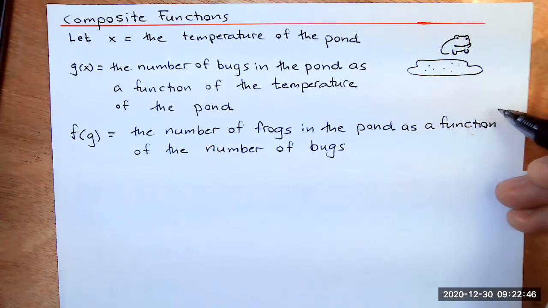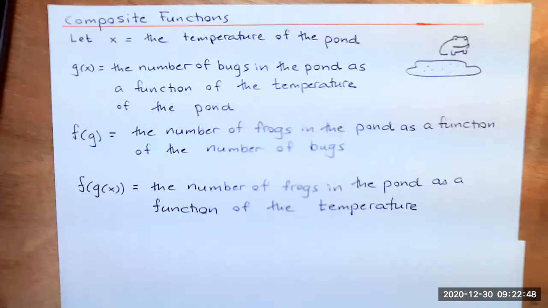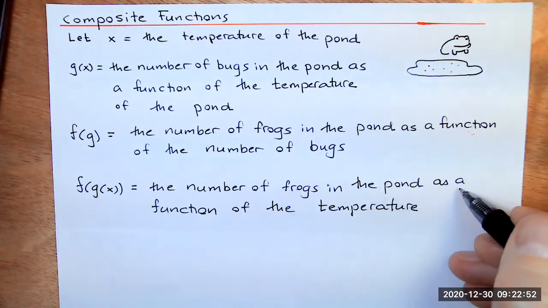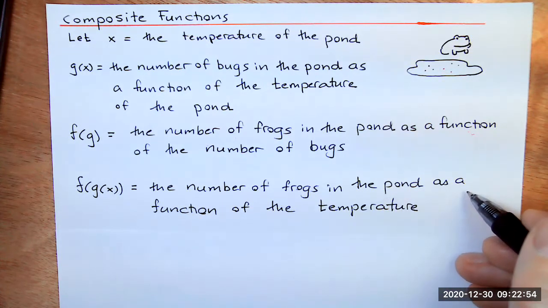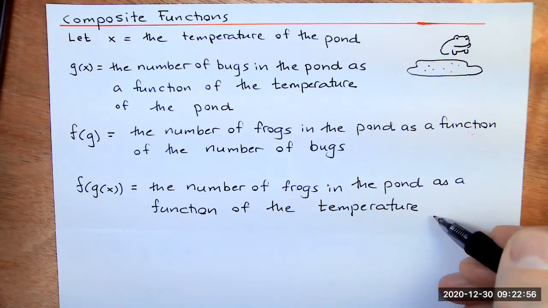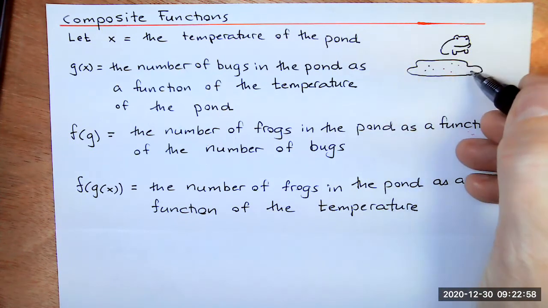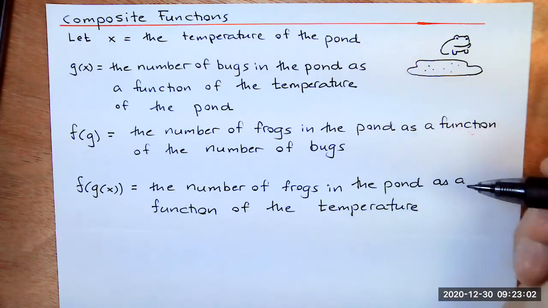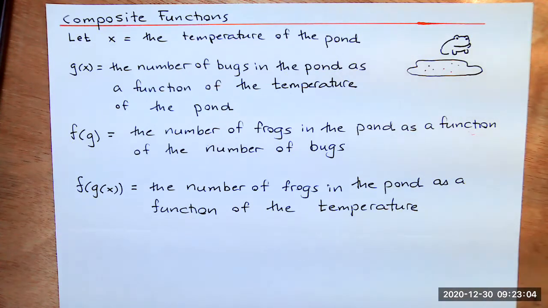So if we compose these functions, we have f of g of x, the number of frogs in the pond as a function of the temperature. And if you're wondering where the bugs went, they went into the frog. Now there's a couple of ways of writing it.